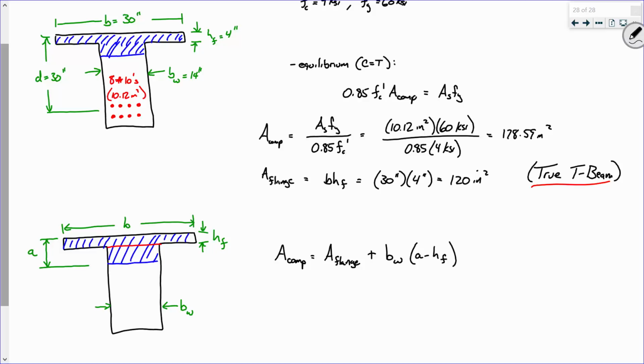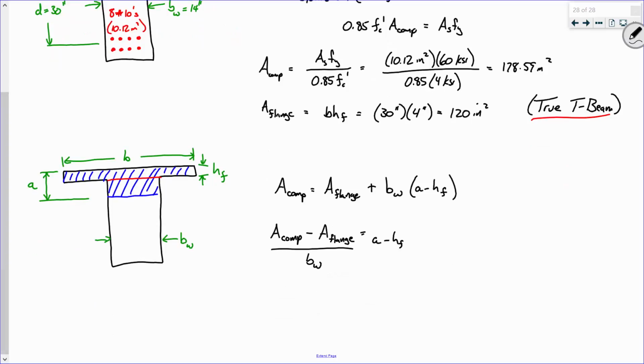And what don't we know in this expression? a. So all I've got to do is take that expression, rearrange it a little bit, and solve for a. So take the flange, move it on over to the left. So A compression minus A flange, okay, and that equals this quantity over here. If I divide by b_w, that gives me a minus h_f.